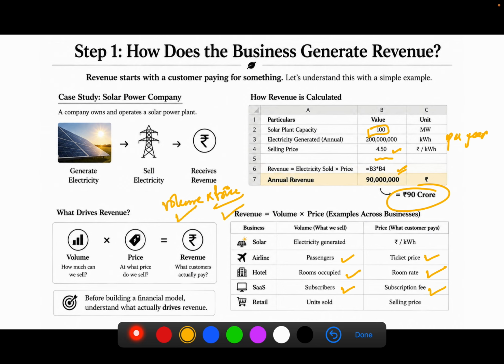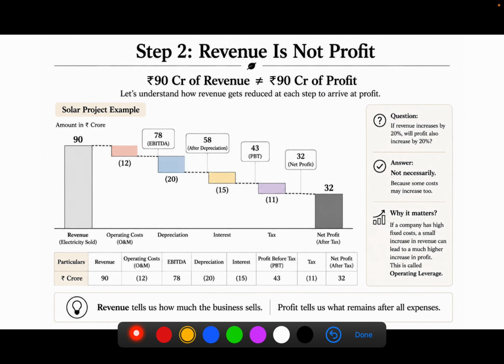Now comes the part where everything gets interesting. The company has generated 90 crores of revenue, but does that mean it has made 90 crores of profit? Absolutely not. The company has operating costs, depreciation, interest, and taxes.